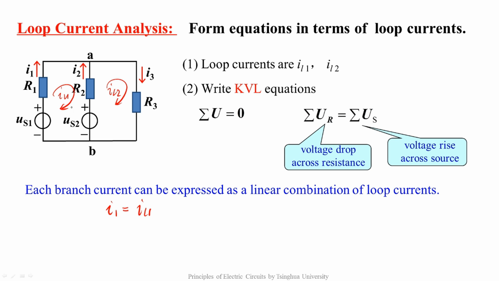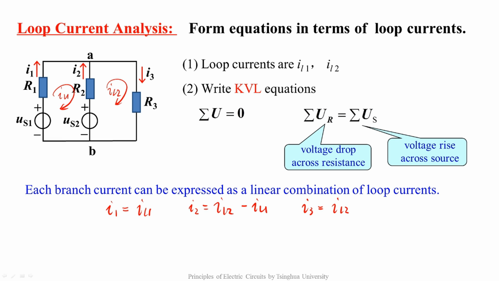According to the present reference directions, it should be I2 equals IL2 minus IL1. Similarly, there is only one loop current flowing through branch 3, so I3 equals IL2.